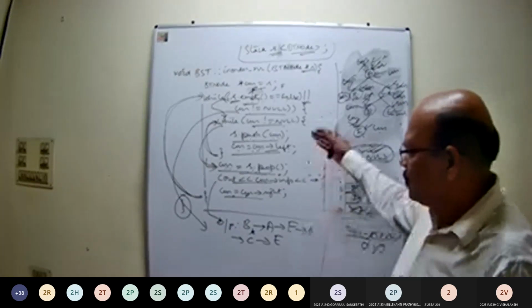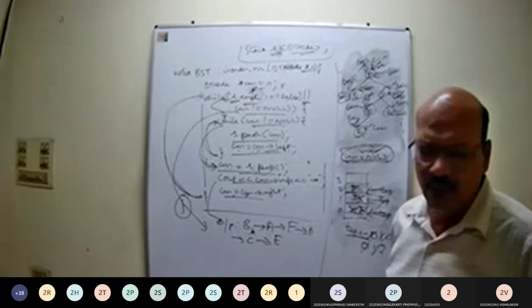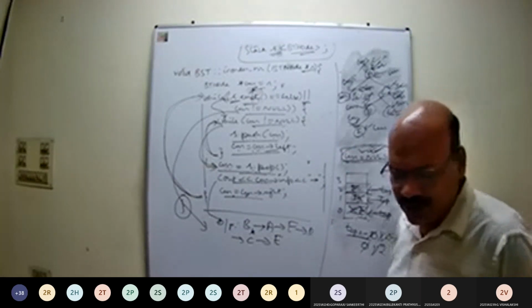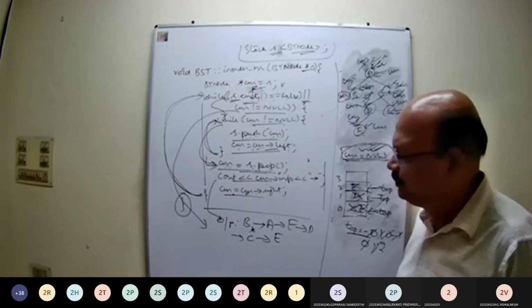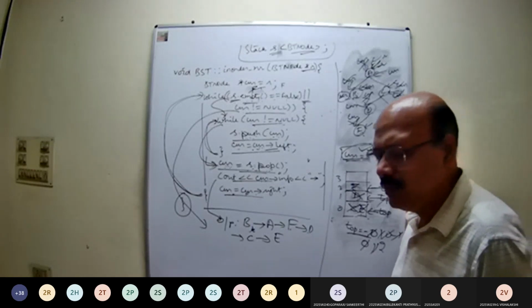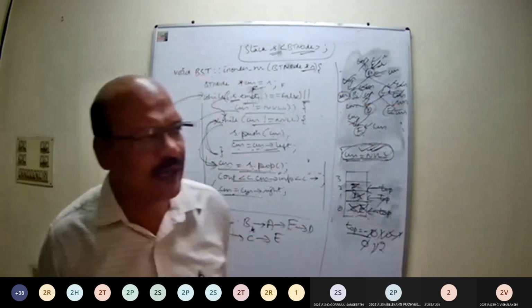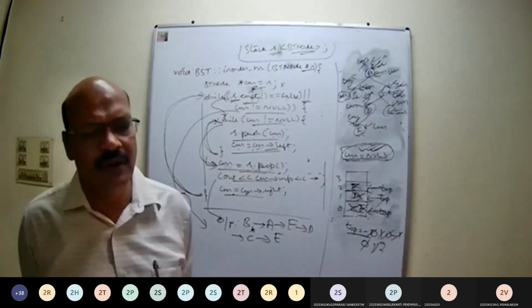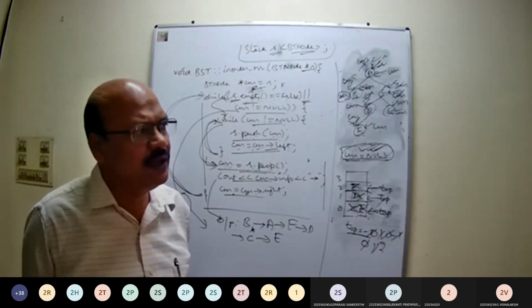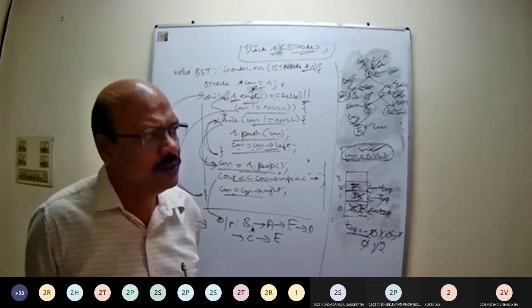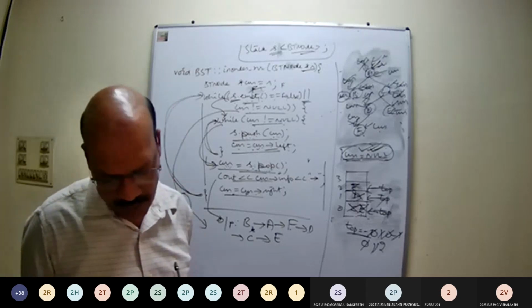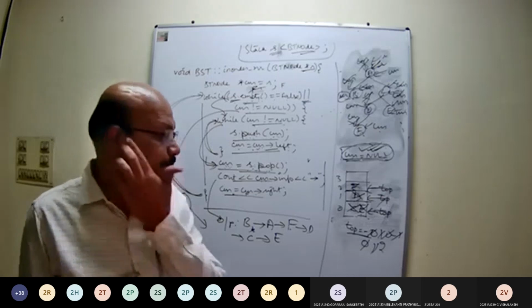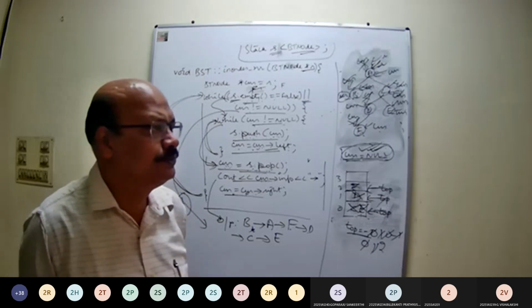Both recursive and non-recursive definitions are provided in the full program I have shared in your group today. You type that. For your lab, you have both recursive as well as non-recursive, only for in order. So this is the in order. Any doubts?